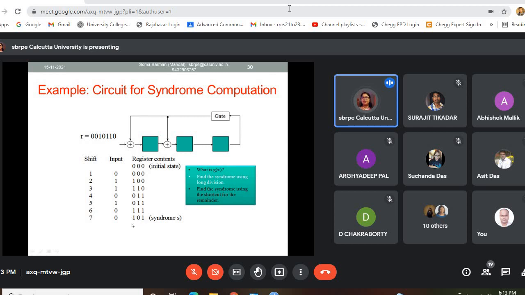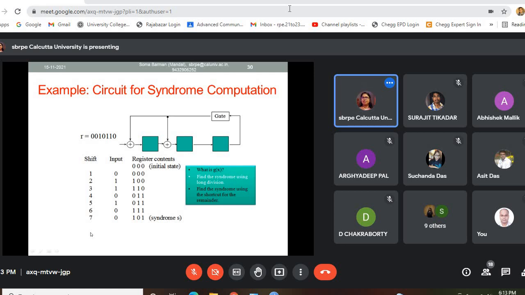So you get your syndrome after the 7 shifts, because your code word length is 7. After the 7 shifts, the register content is your syndrome. If your syndrome is 000, there is no error. Now you are getting the syndrome 101.